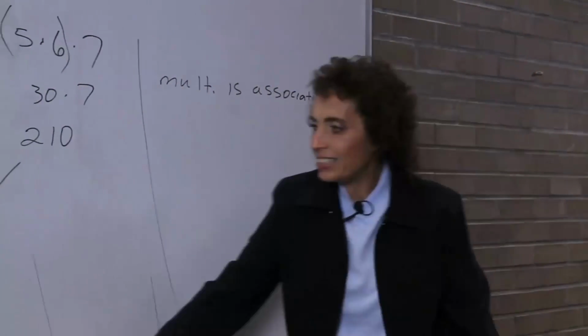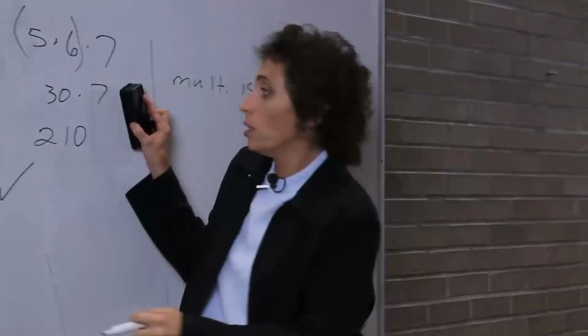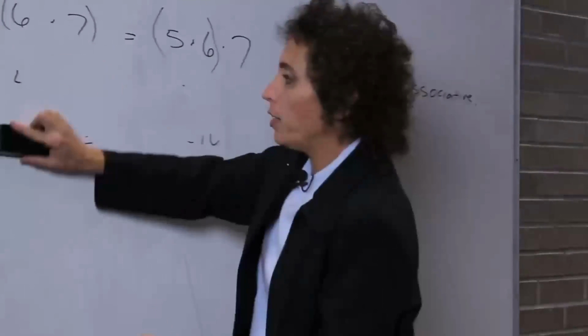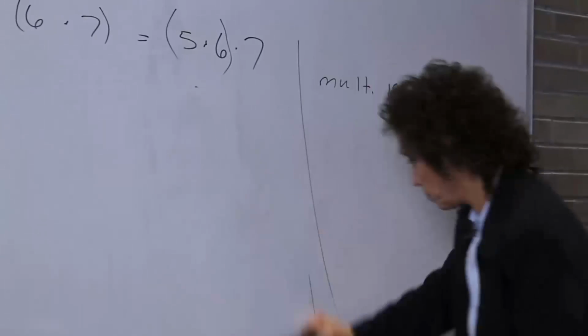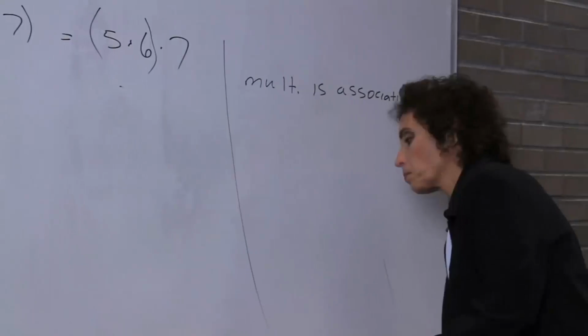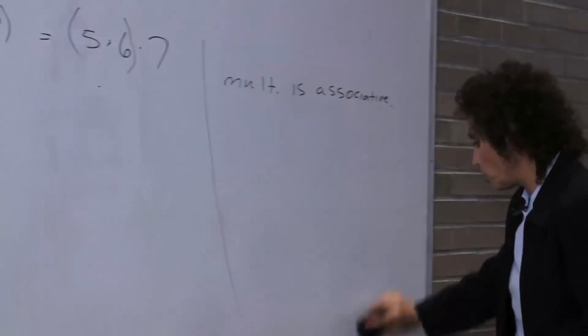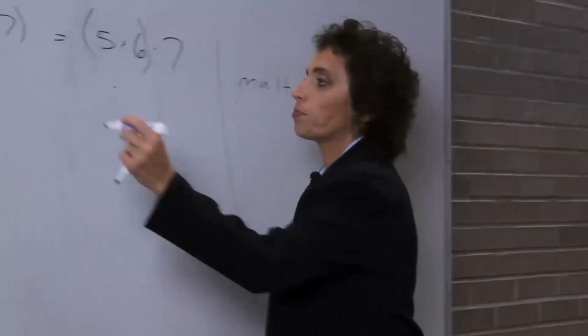I can write that in symbols if I'd like. If A, B, and C are any real number, let me kind of use a different color so you can see this.